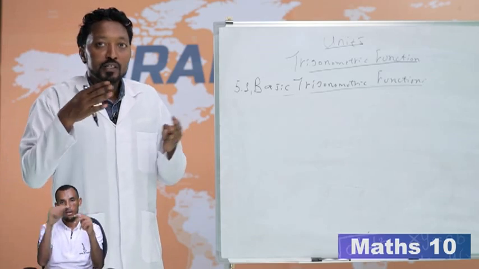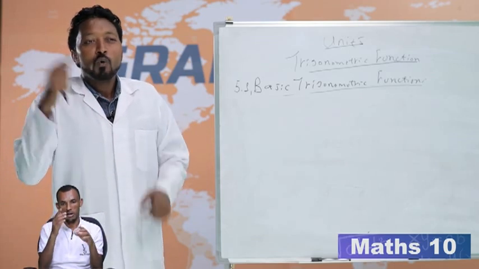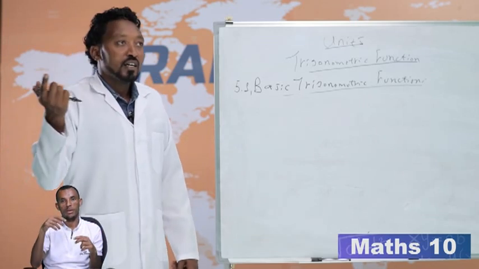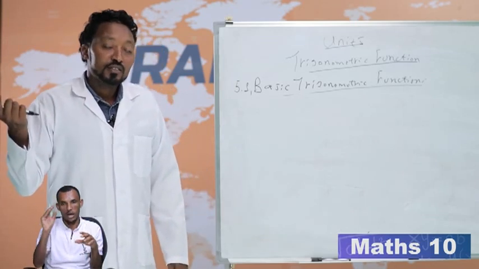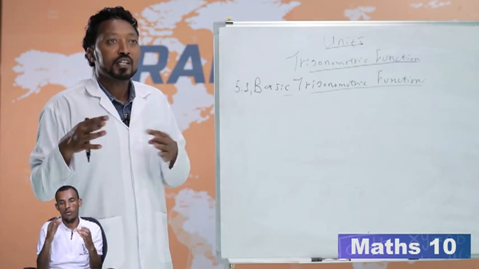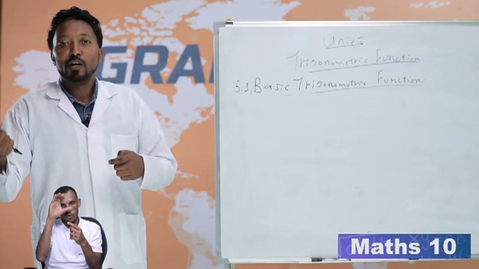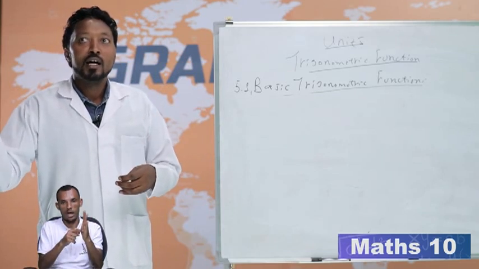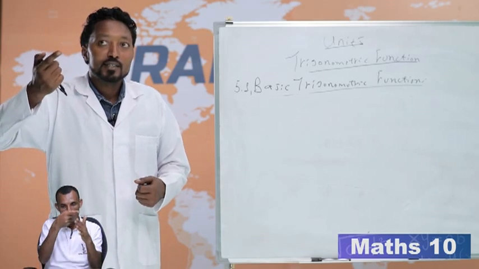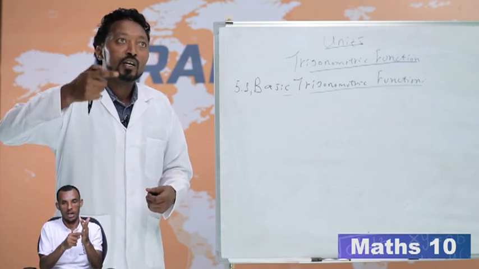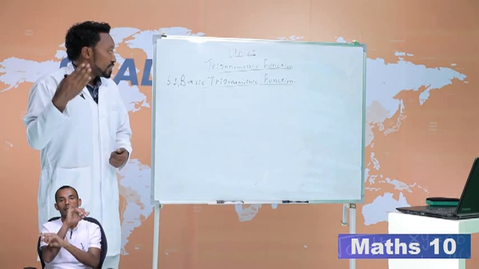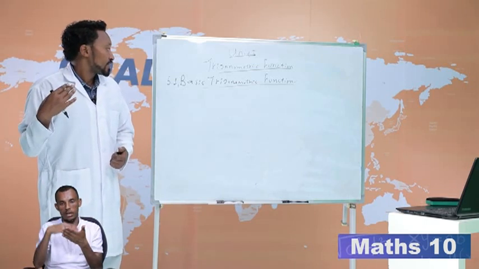You know, in lower grade, in grade 8 or grade 7, what is opposite, hypotenuse, and adjacent? These are the parts of a certain right angle triangle. Using this right angle triangle, how to find the values of sine, cos, and tan is learned in lower grade. Now, what are sine, cos, and tan on a certain xy plane? This lesson continues in the next part.